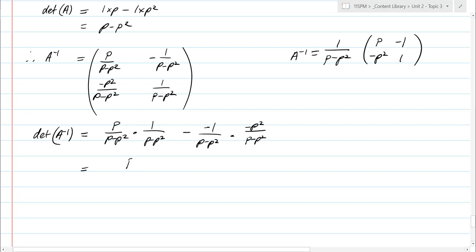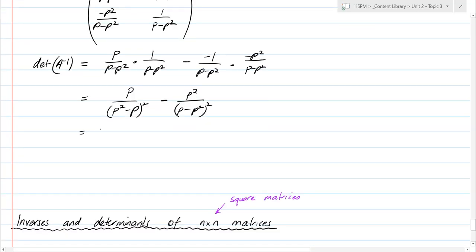I get P over P squared minus P, and that's all squared. And this, subtracting P squared over P minus P squared, squared. And that works out quite nicely because P minus P squared over P... Oh, sorry, that shouldn't be squared.